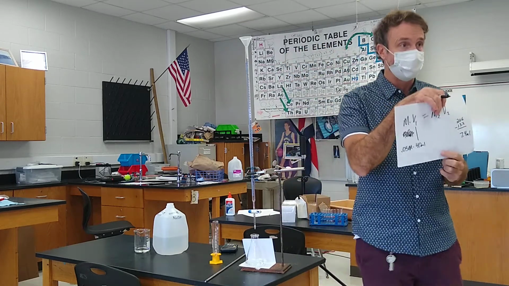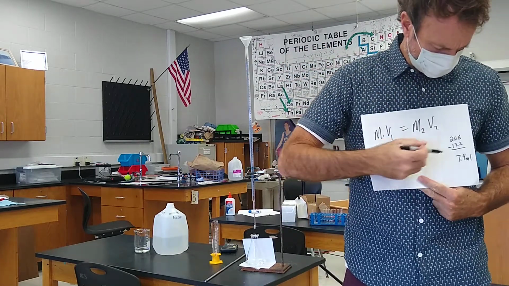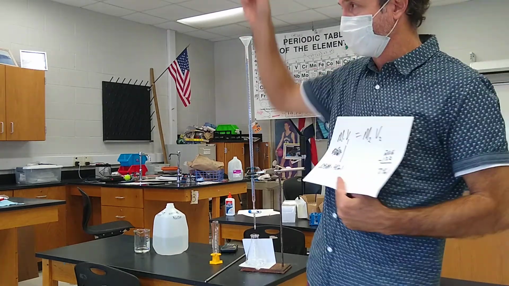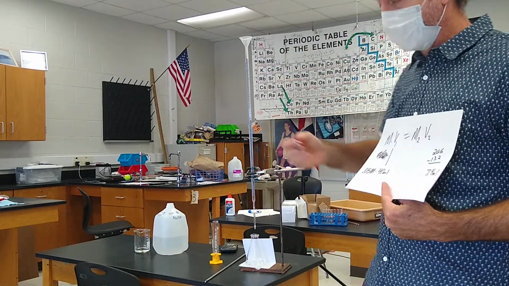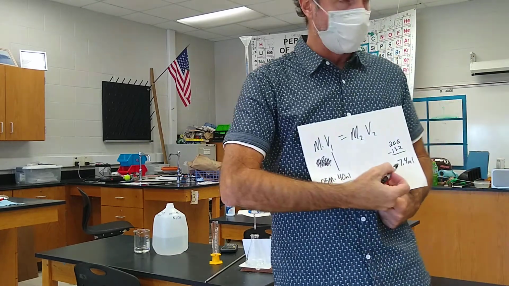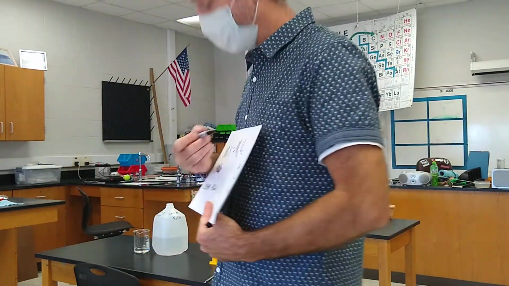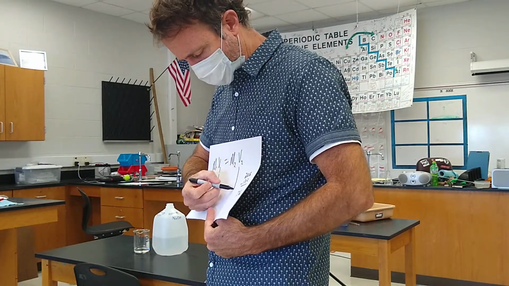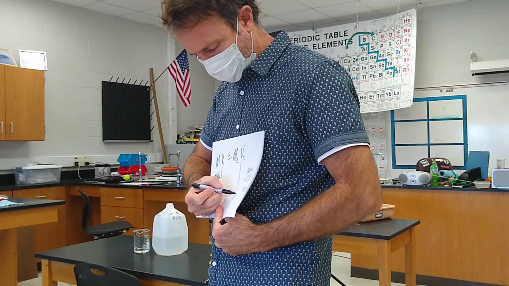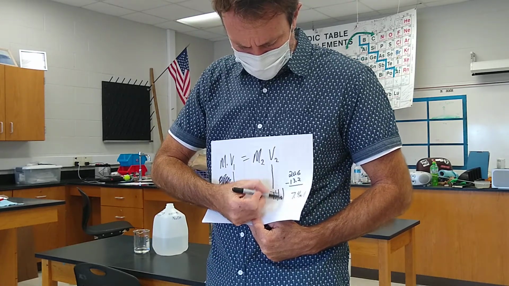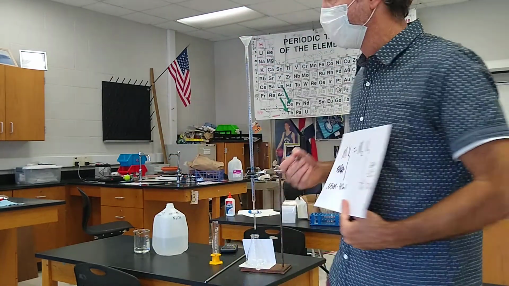Does everybody agree with that? This was the new number. This is the original number because we're just reading it backwards, okay? So the difference in those numbers is 7.4 milliliters. So we dripped out a volume of 7.4 milliliters.